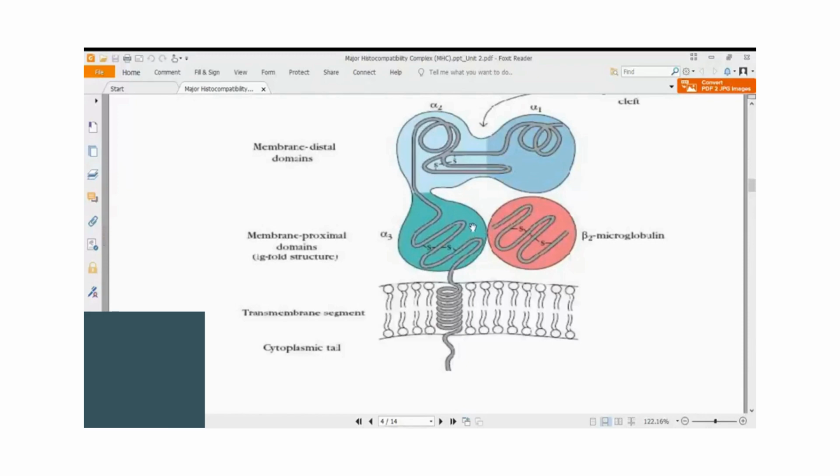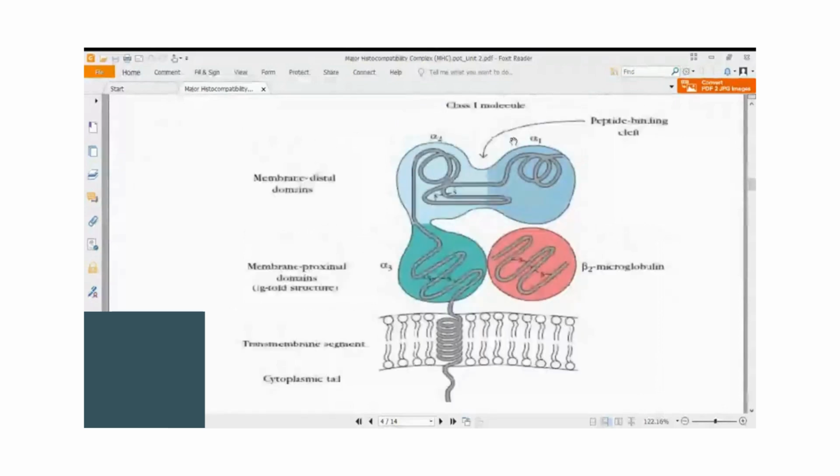Class 1 MHC molecule is capable of expressing all self antigens of endogenous origin. Those antigens that originate within the cell are presented on the class 1 MHC molecule in this region called the peptide binding cleft.